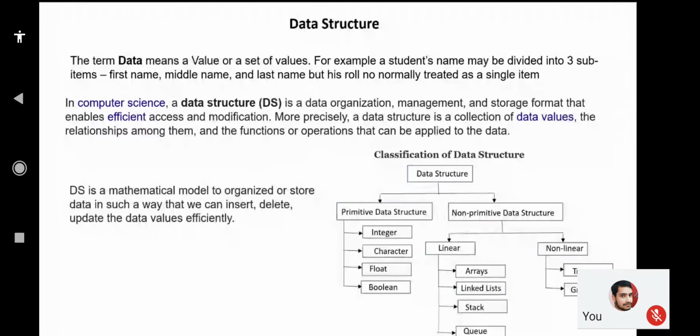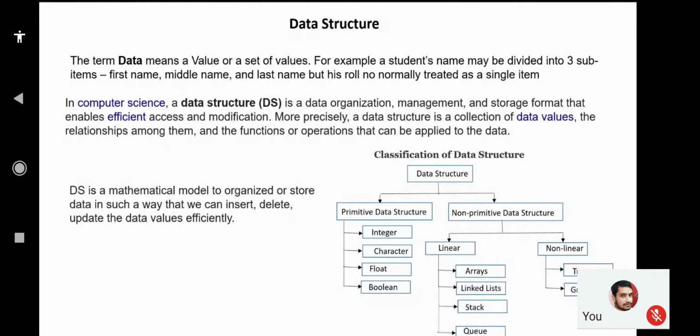Access efficiently means we can insert the data, we can delete the data, we can search the data, we can traverse all the data efficiently. So that's why data structure is nothing but a mathematical model to organize or store data in such a way that we can access efficiently, or we can insert, delete, update the data values efficiently.